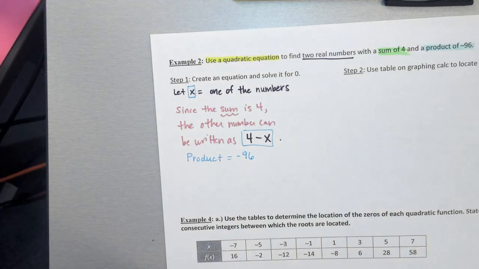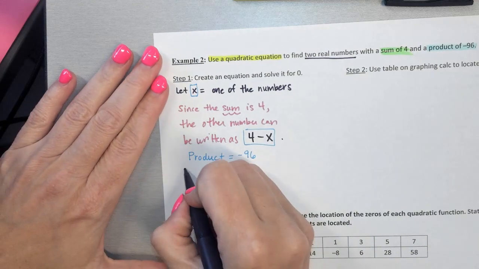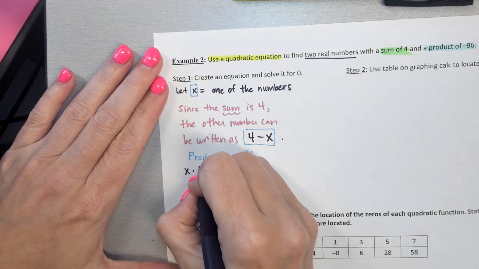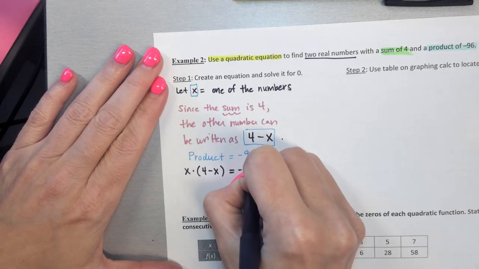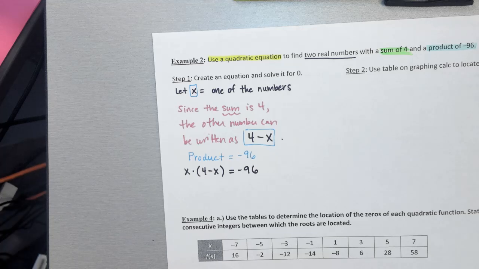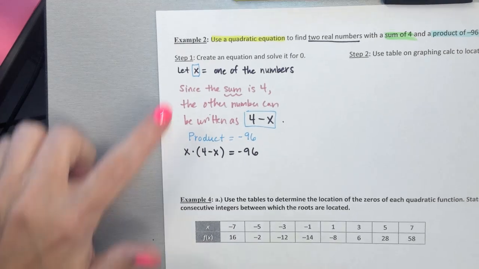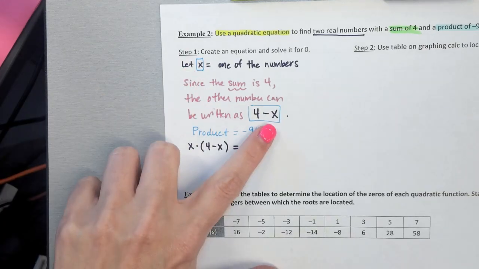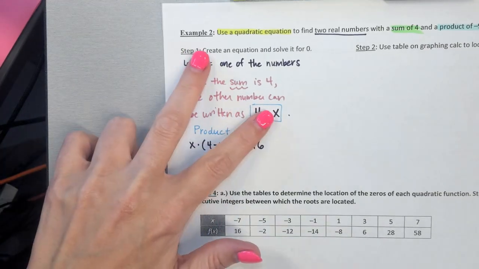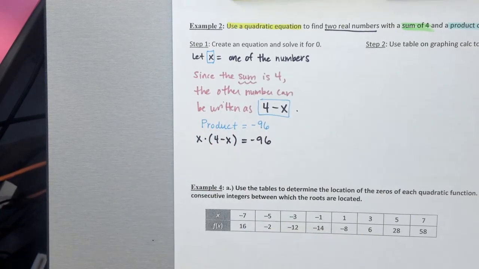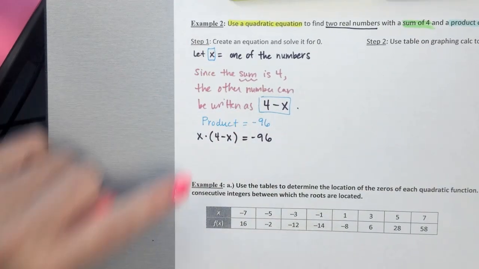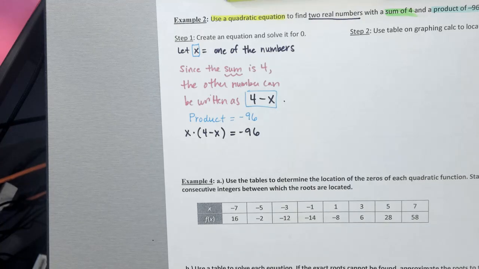Those are my two values. So x times 4 minus x is equal to negative 96. If x is a number, 4 minus x is the other number, because when I add them I get 4. The product is negative 96, so I'm multiplying x and 4 minus x to get negative 96.